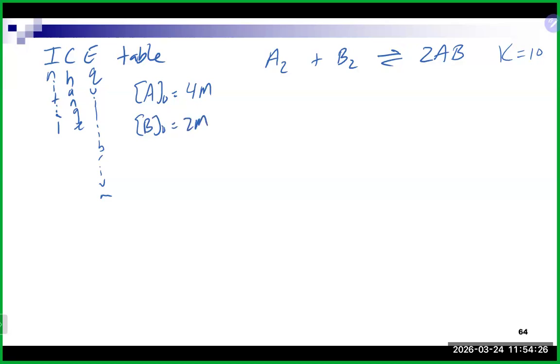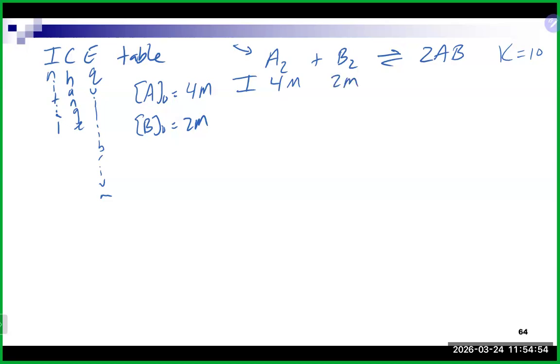So the way that we would do this is you definitely want to always make sure you have the equation, and it does definitely need to be balanced. Like normal, if the equation is not balanced, it's going to really screw up your calculations. You're going to go I here, which is initial, and we're going to put in our initial concentrations here.